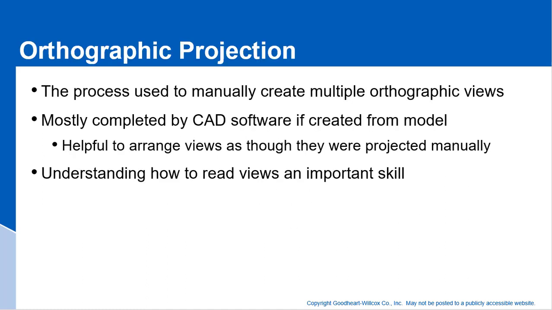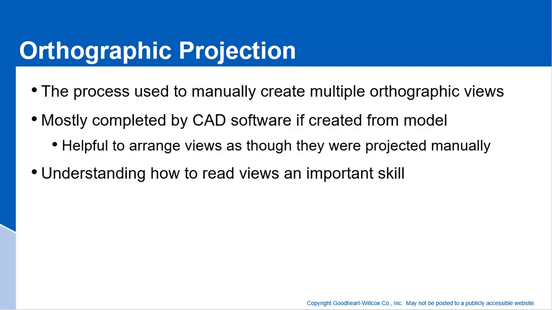Orthographic projections. This is what you've done in the first two classes in your drawing classes, and also in the working drawings class. It's a process used to manually create multiple orthographic views to define mechanical parts. It's mostly completed by CAD software if created from a model, and that's really helpful because you can arrange the views better.